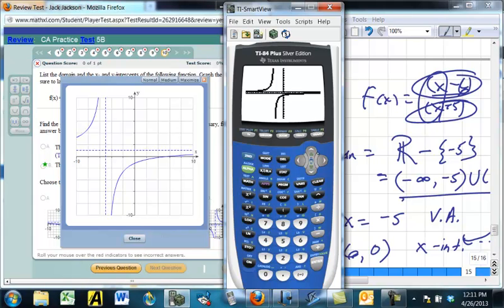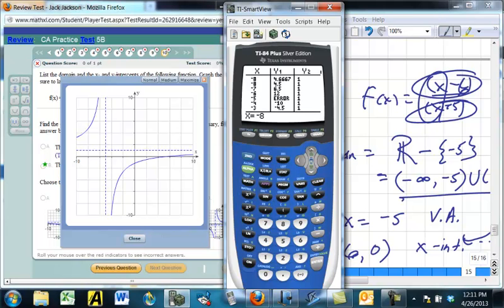Now you're seeing it there. We can see it in our table too. When we put in our table, notice that at negative 5 we get an error. So negative 5 is where our vertical asymptote is.